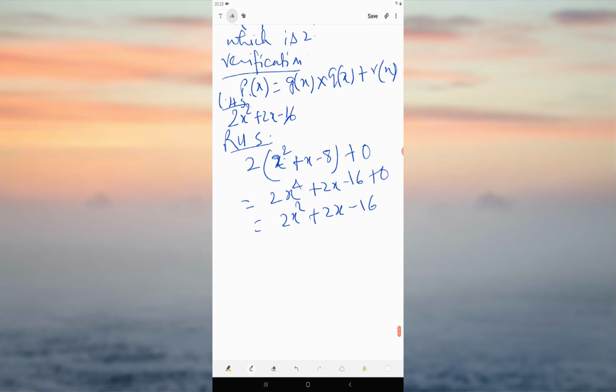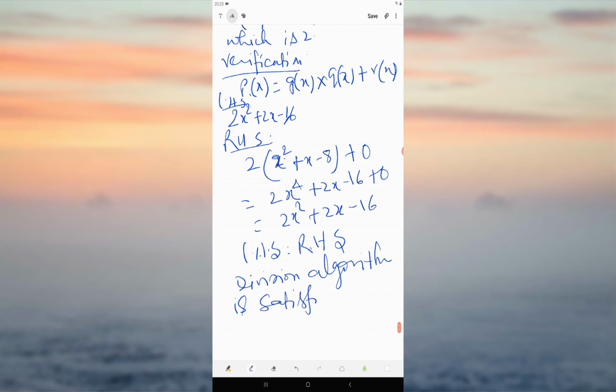So LHS equals RHS, correct? Hence our division algorithm is satisfied. That is very important.